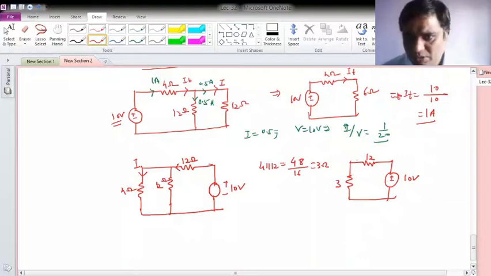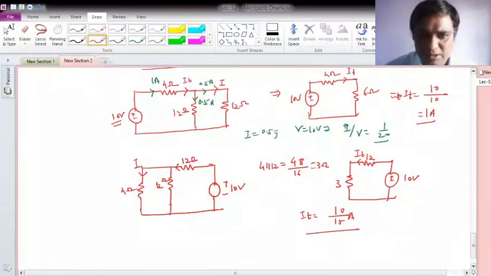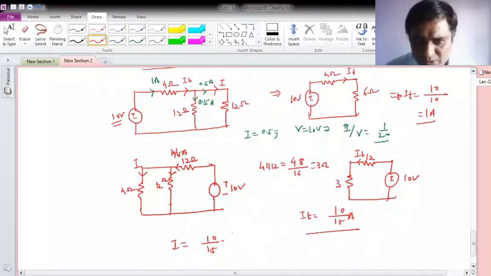So how much is the total current here? Total current will be 10 divided by 15. And now this 10 divided by 15 ampere divides here and here, so your I will be 10 by 15 into 12 divided by 16.